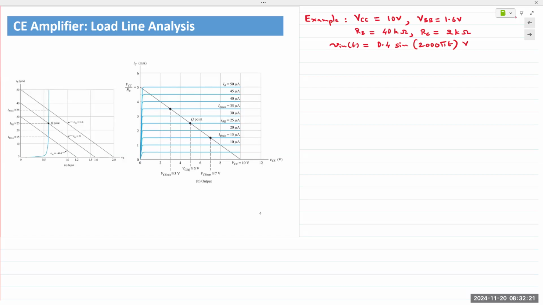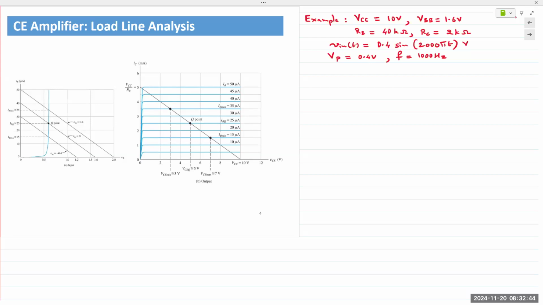So we are not concerned with the phase, not at this point yet, and we are not concerned with the frequency. We are only concerned with the peak voltage, and the peak voltage is 0.4 volts. Frequency, we are not concerned, but it is 1 kilohertz, 1000 hertz.